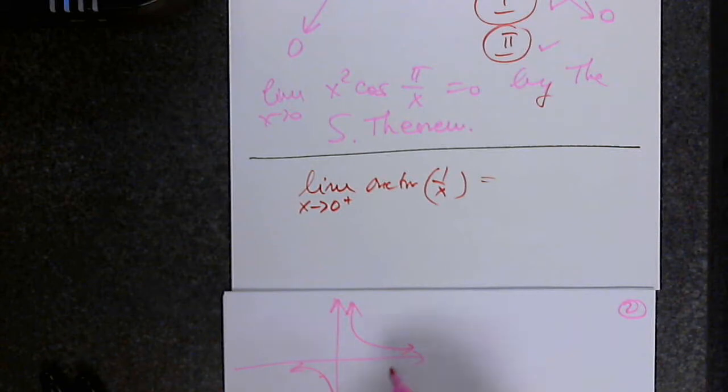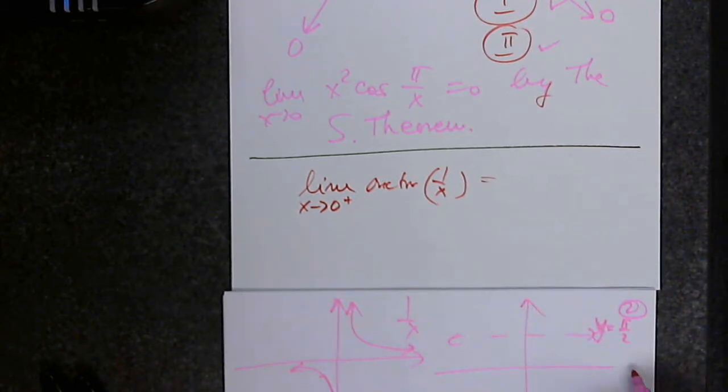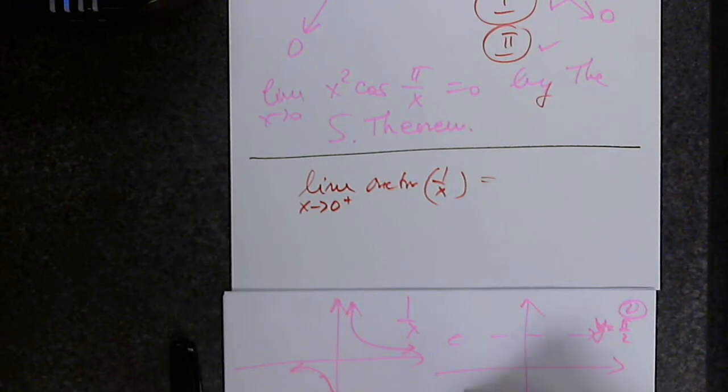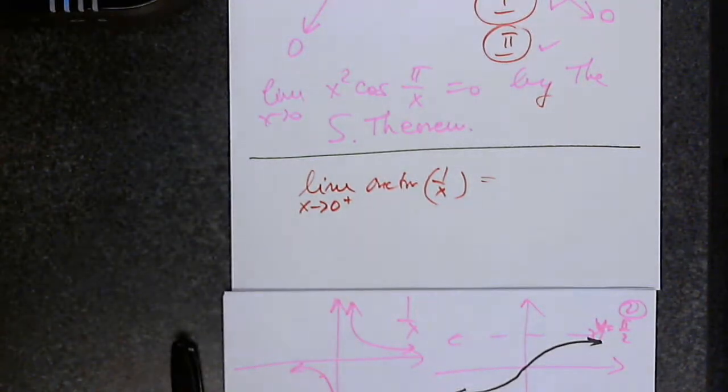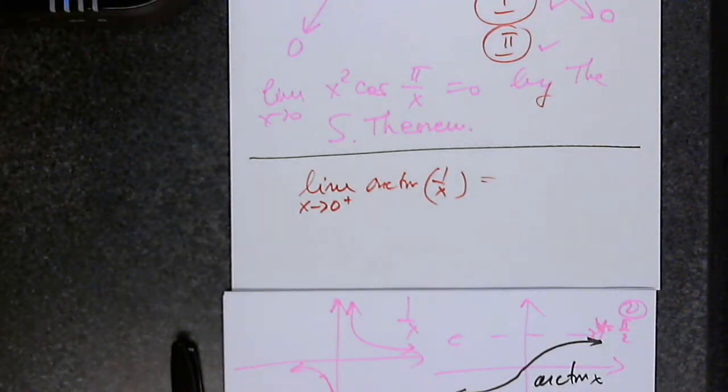It doesn't touch here. And we also have to remember the graph of arctangent. So this is y equals pi over 2 and y equals negative pi over 2. Arctangent looks like this. We graphed them many times.